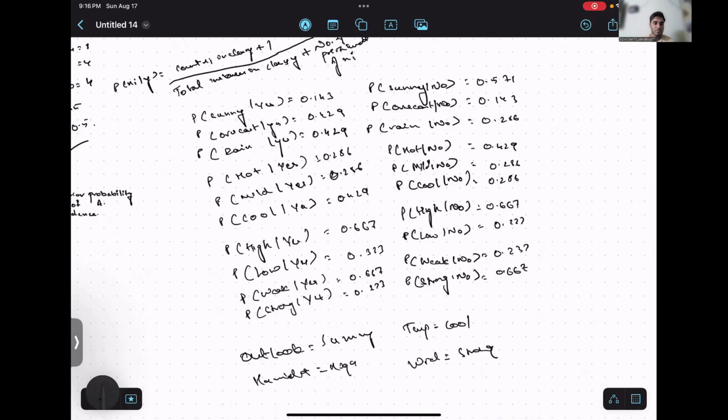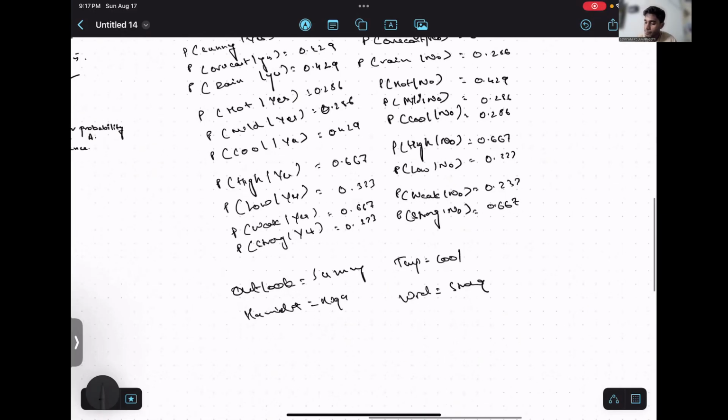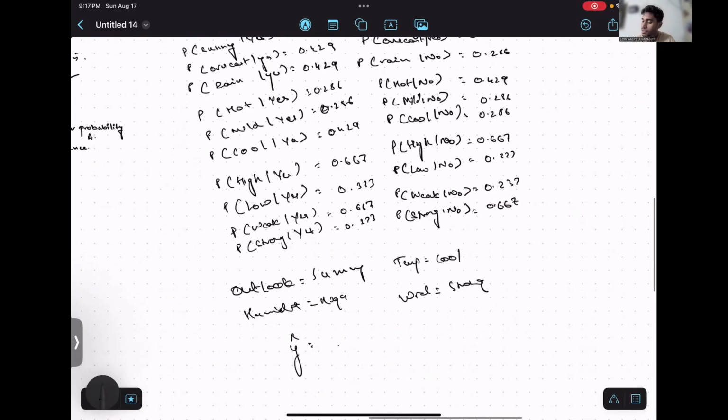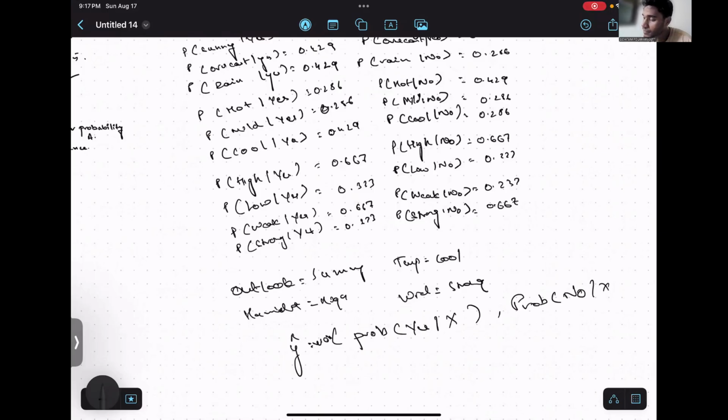For a day like this, if you want to predict whether we can play golf or not, then y predicted, or y hat, will be equal to the max of probability of yes given x, probability of no given x, where this is our x.